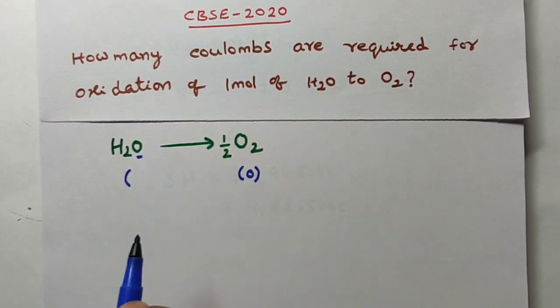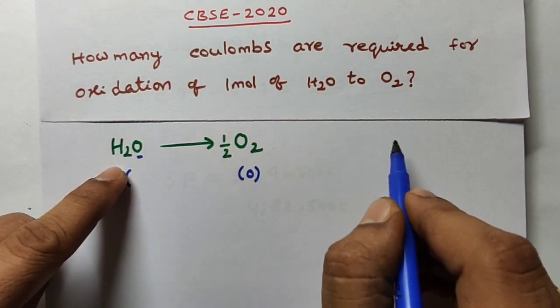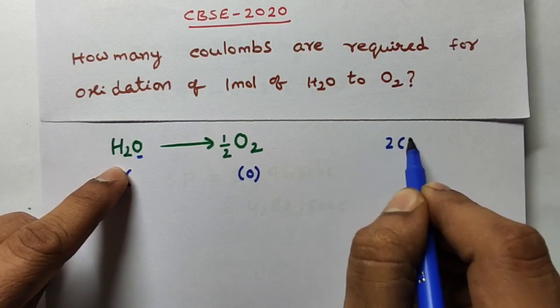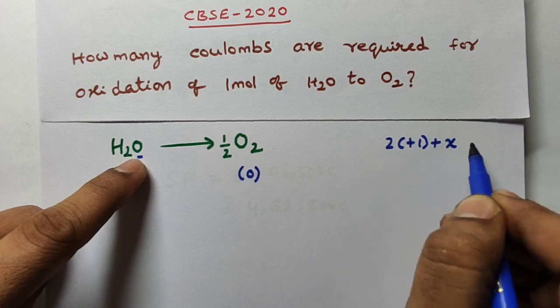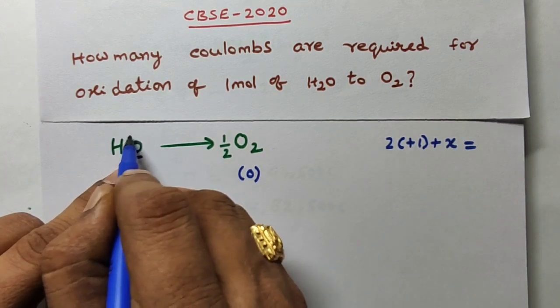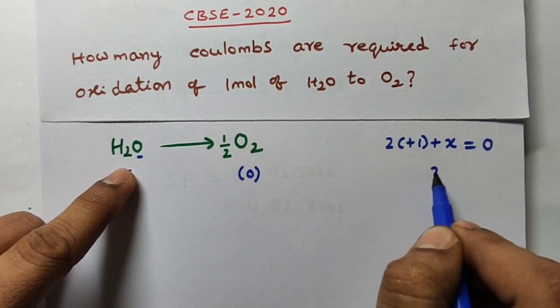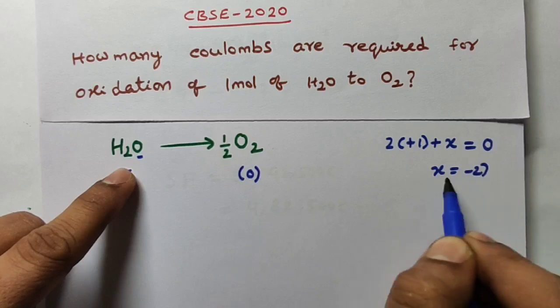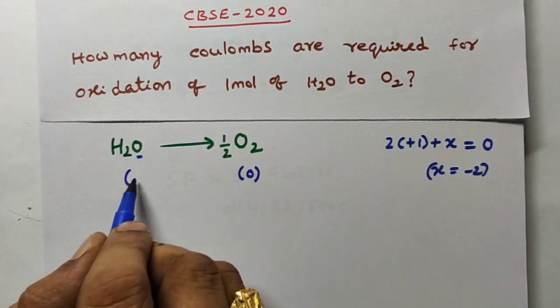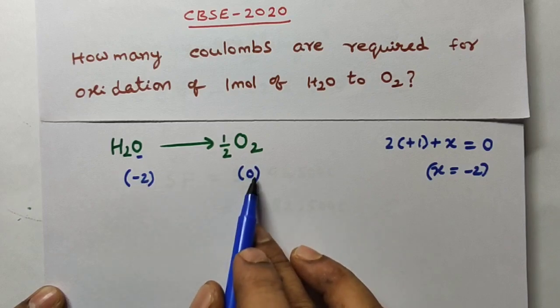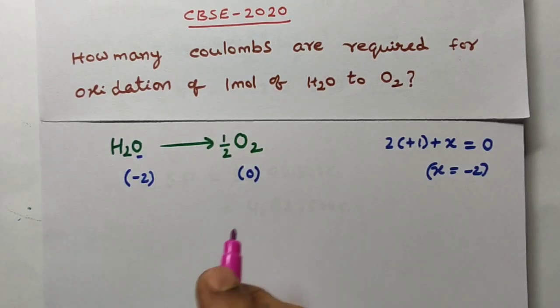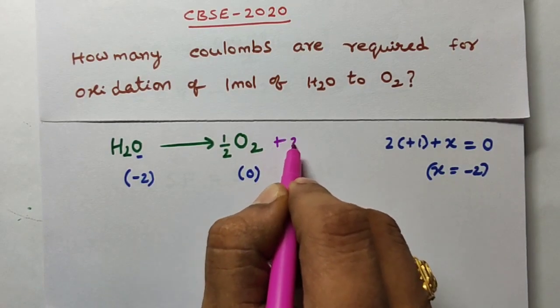Look at this. So here I will tell you how to find out. 2 hydrogens are there, that's why 2 into each hydrogen plus 1, plus oxygen unknown X equal to. Is there any charge here? No, neutral, that's why 0. X equal to minus 2. So what is the oxidation number? Minus 2. So here minus 2 converted into 0. So it is losing how many electrons? 2 electrons.